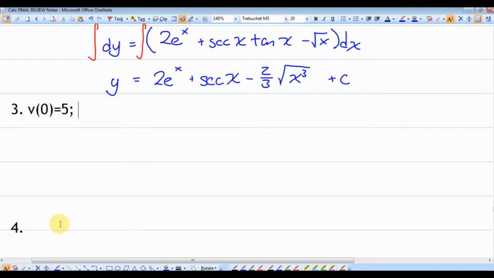The acceleration is 2.4t, I think I need an equal sign there, for 8 seconds. How fast is the car going after 8 seconds? So I think that's asking for the velocity, right? The velocity at 8 equals question mark.